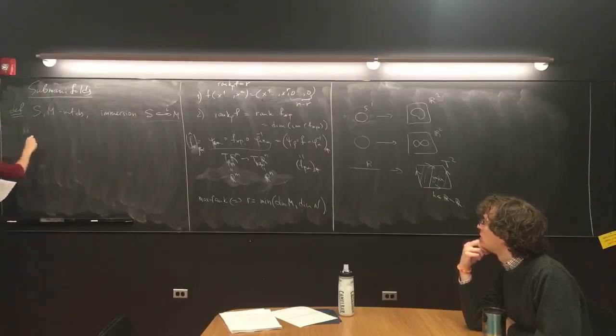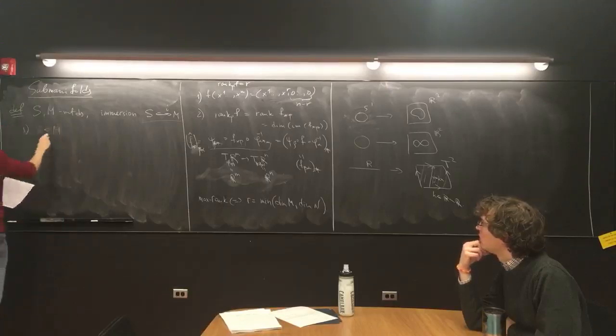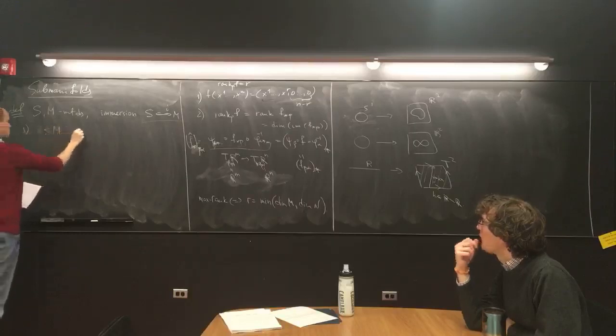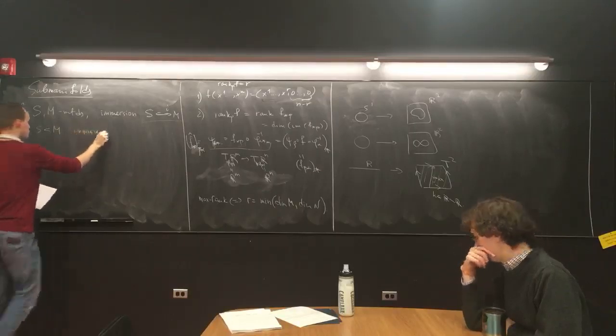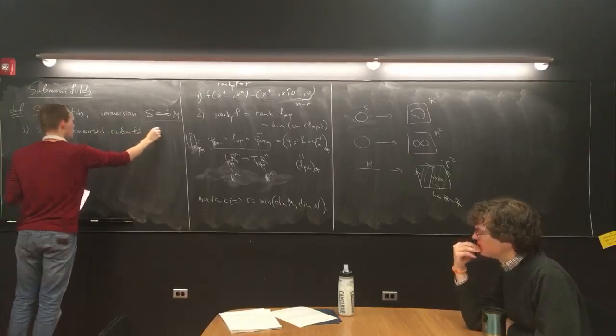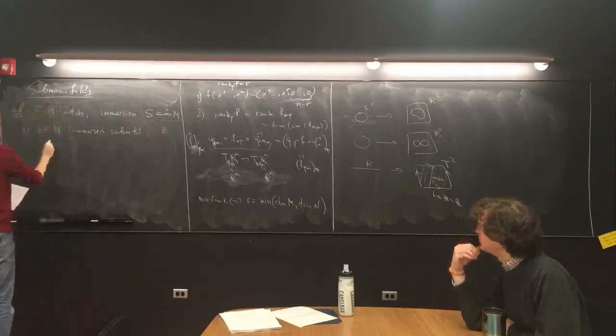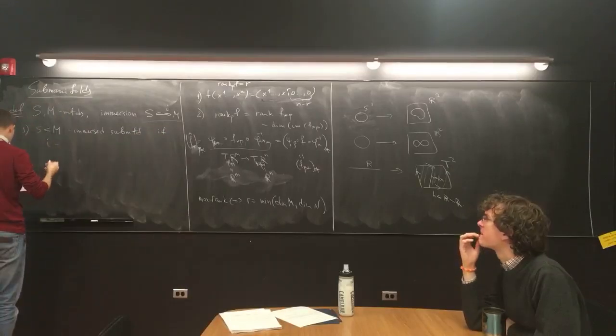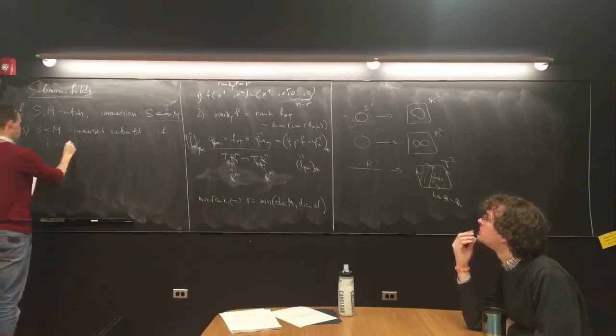So number one, S is, I'm going to introduce this notation, an immersed submanifold if I is just a smooth immersion.